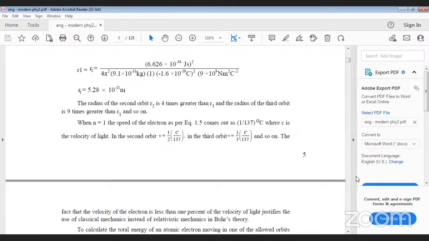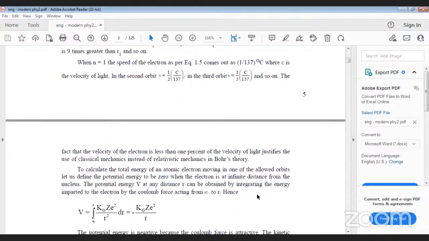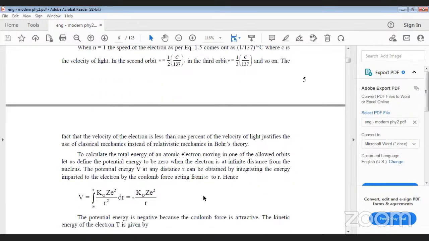For one atom, it gives the complete picture, but it fails to explain anything with more than one atom.